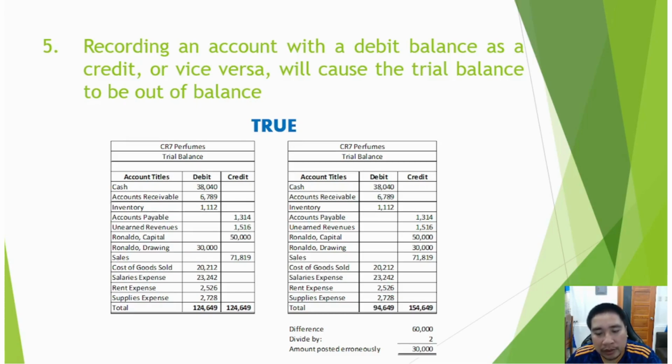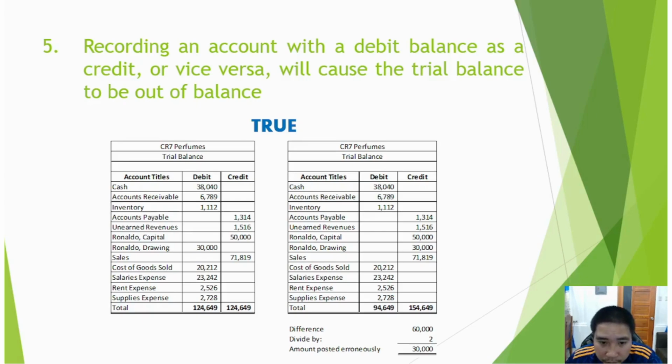And normally, in order for us to determine the cause of the error, one of the first things that we would do is to divide that difference by 2. Especially in this particular case, we're getting a 30,000 amount. This would give us a clue whether any of the amounts that has a 30,000 balance was posted erroneously on the wrong side of the accounting equation.